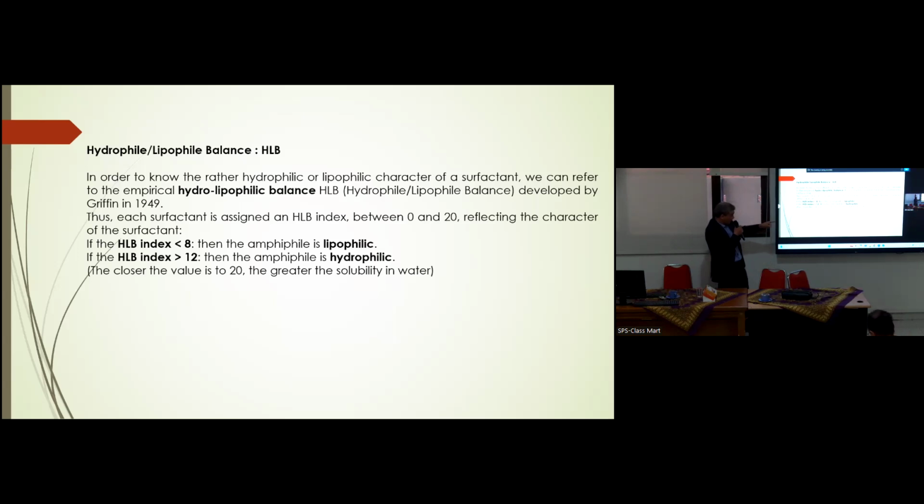We have an index between 0 and 20. If, for example, the HLB index is less than 8, that means the amphiphile, or surfactant, is more lipophilic than hydrophilic. If the HLB index is greater than 12, the surfactant is hydrophilic. This is a balance, a sort of measurement of the hydrophobic or hydrophilic character.